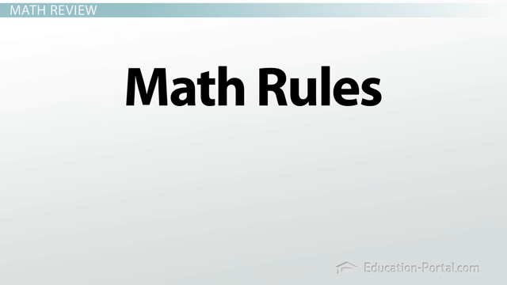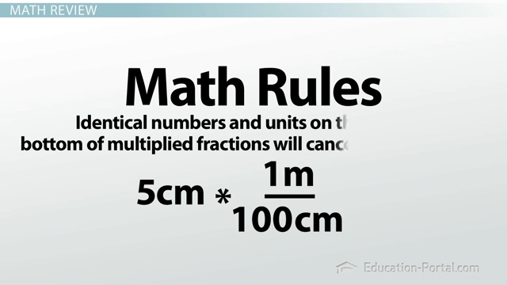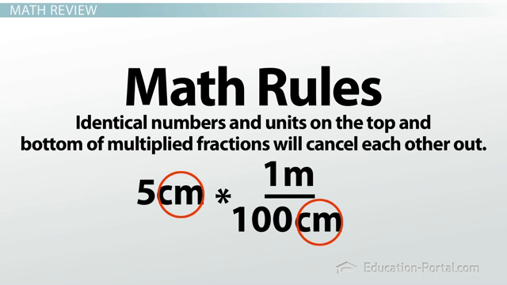But what if you have something like 5 centimeters times 1 meter over 100 centimeters? Can you cancel out the units as well? Yes. Identical numbers and units on the top and the bottom of multiplied fractions will cancel each other out.